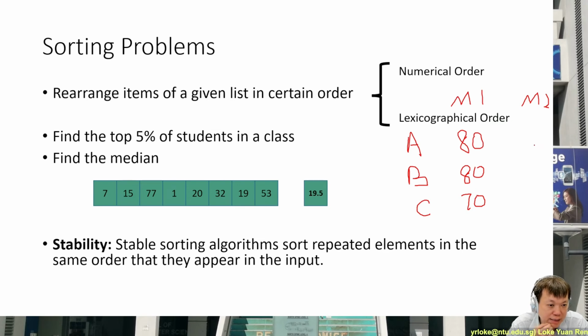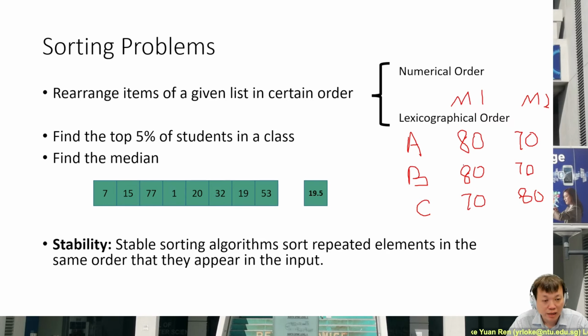Then for M2, A is 70 marks, B is 80, and C is 70.